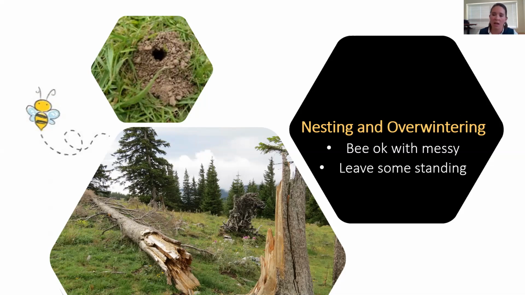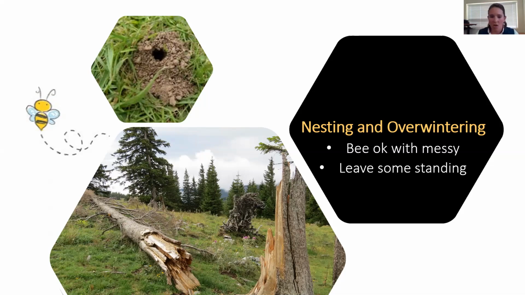Many of our pollinators do not migrate. Many of them overwinter here, either as an adult or just through the course of their life cycle. They lay their eggs to overwinter and emerge in the spring.